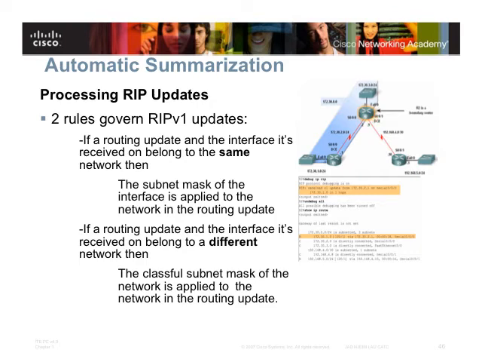Automatic summarization only happens when the boundary router sends the route update to the rest of the network. Only then it will group the 3 route entries for the 3 subnets into one classful address.